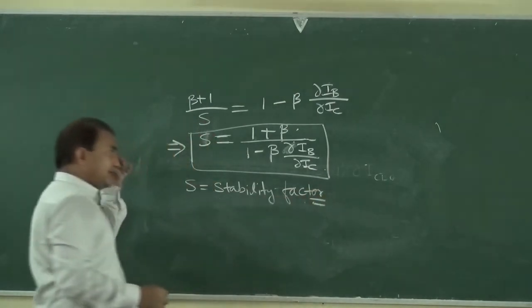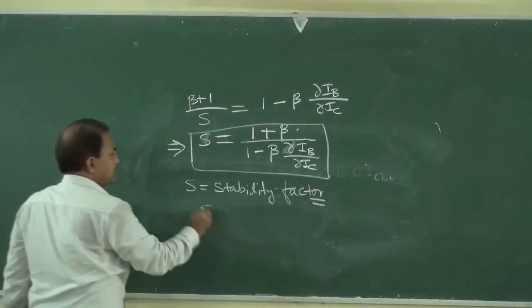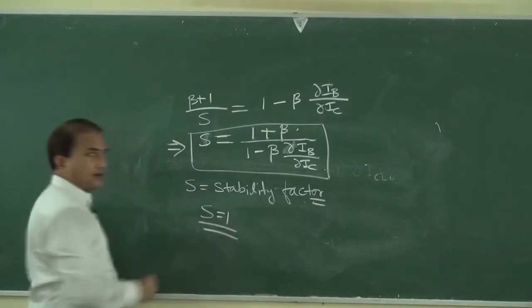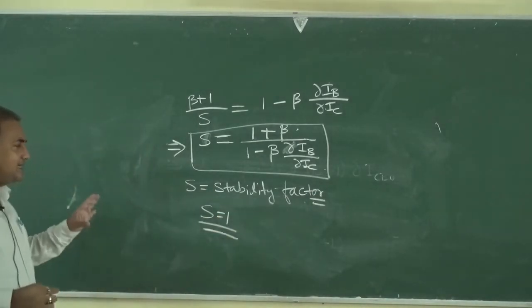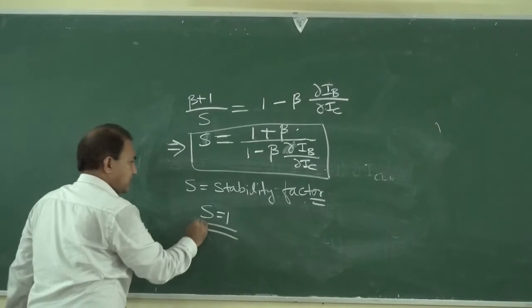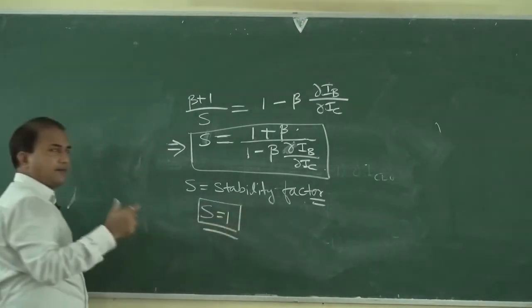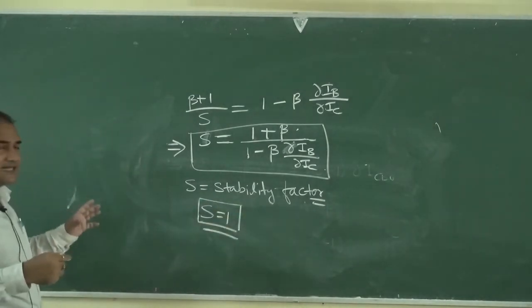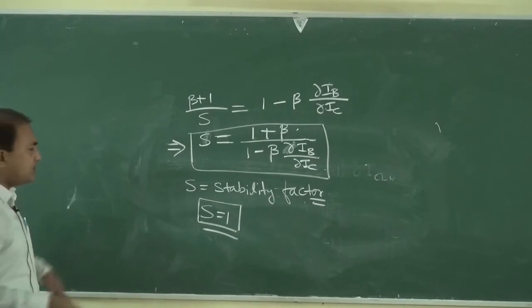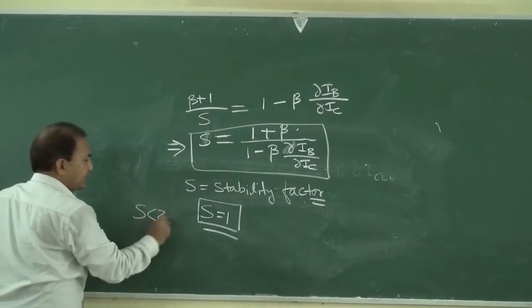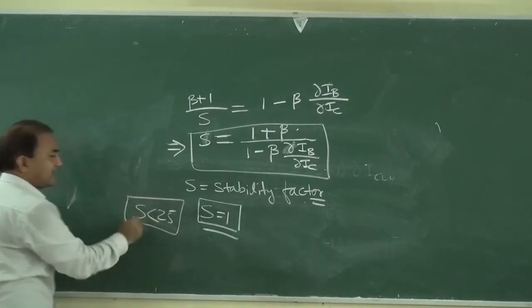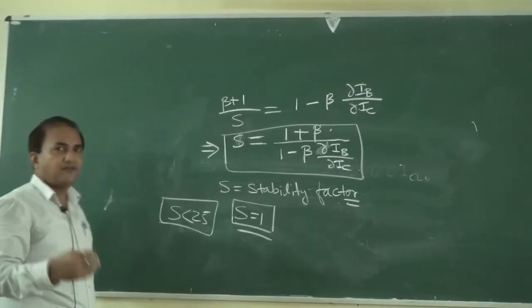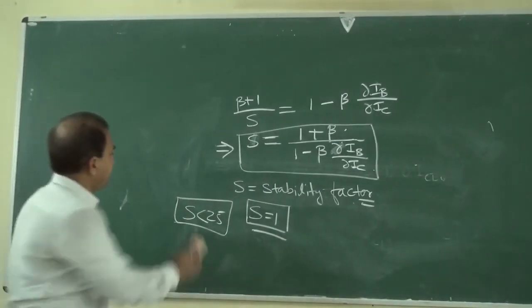For the ideal case, stability factor should be equal to 1. But this is not practical. In practice, S is more than 1. If S is below 25, then we can say that the amplification is faithful.